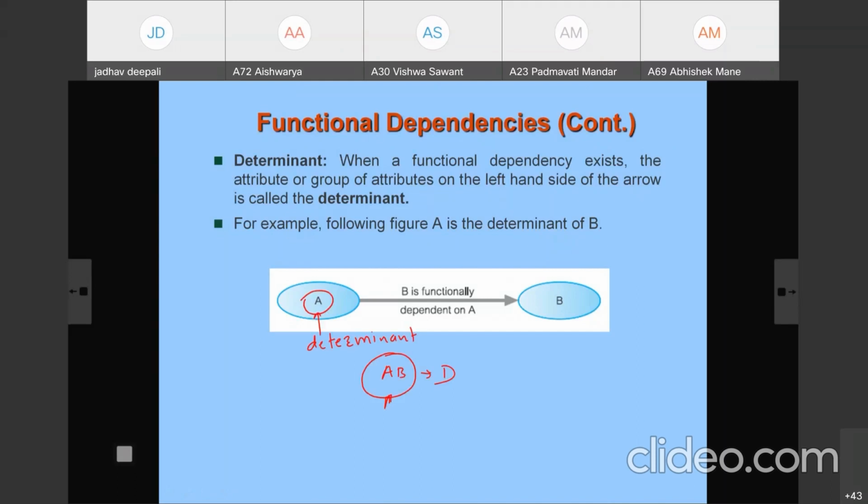How do we call this type of functional dependency? A functionally determines B. We call it in two ways.